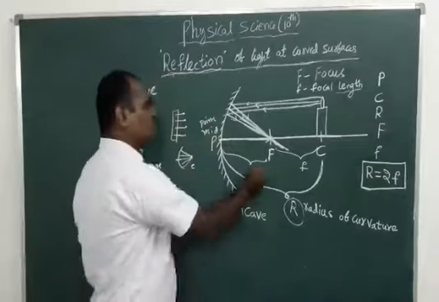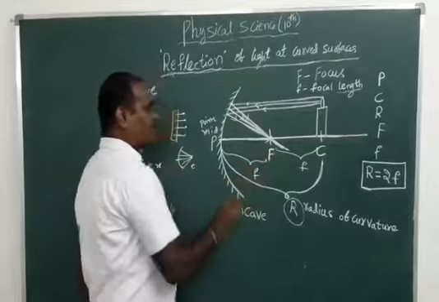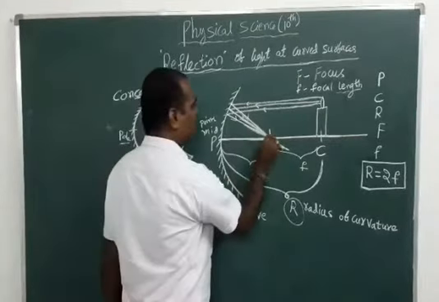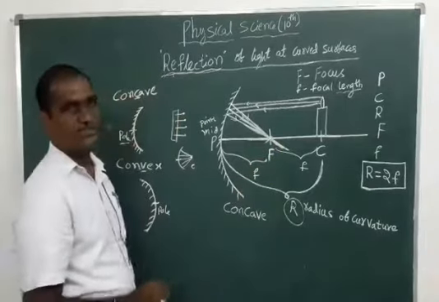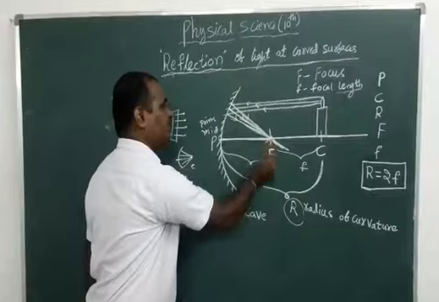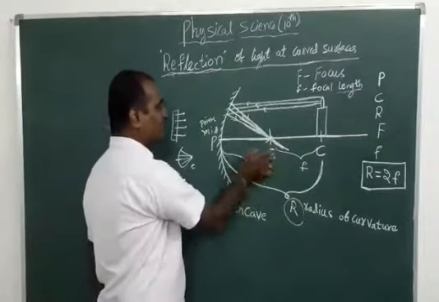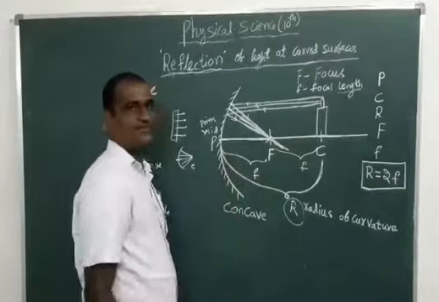So what is the focus definition? The point at which all the reflected light rays pass through is called focus. They should pass through a particular point. That point is called focus. Over. So after finding the focus, again two lengths are formed and they are equidistant.